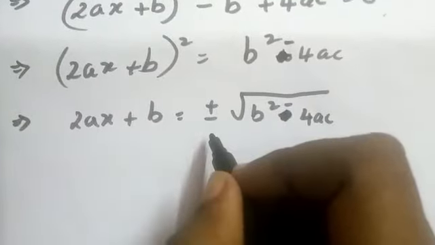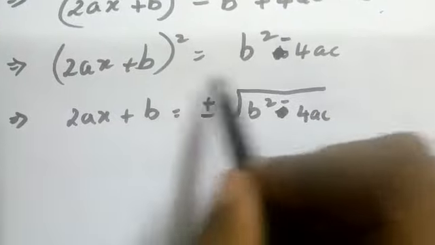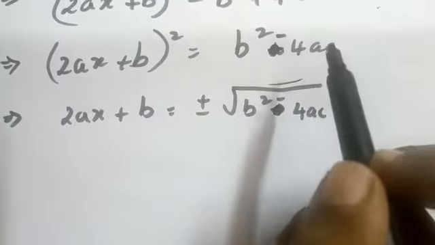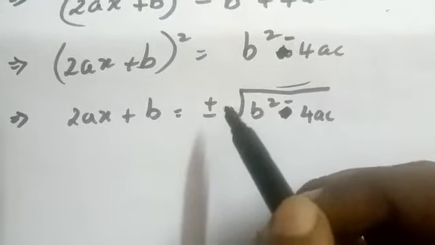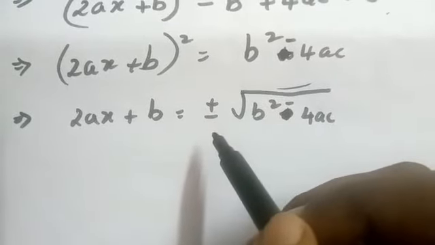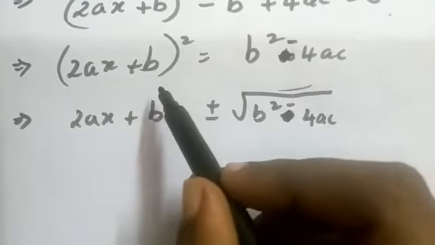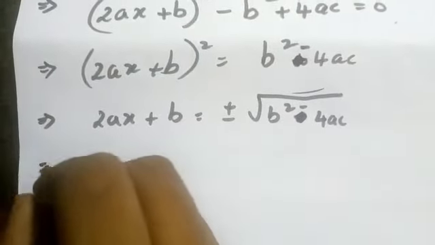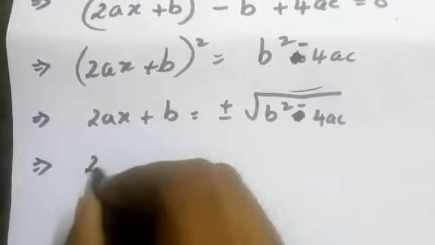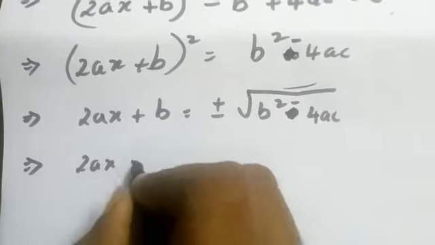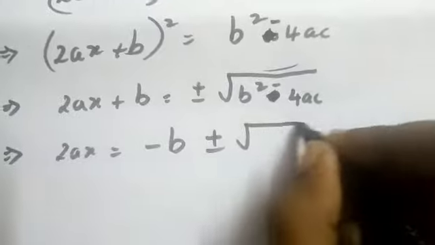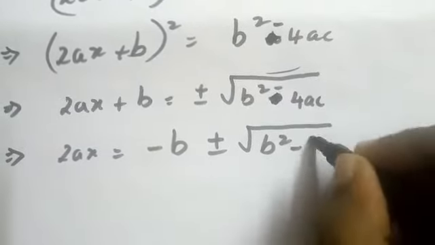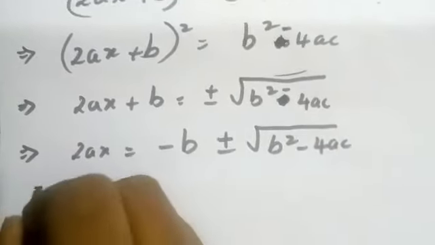It's plus or minus because the square root of a number can be either a positive or a negative integer, as if you square a positive or negative integer, the square will be a positive integer. So this will equate to 2ax is equal to minus b plus or minus root of b square minus 4ac.